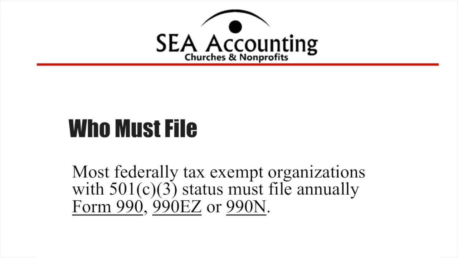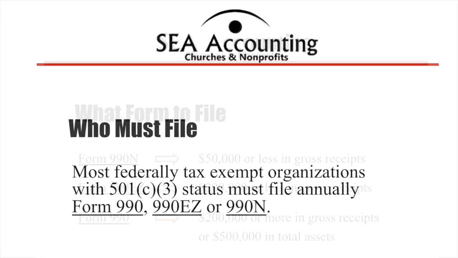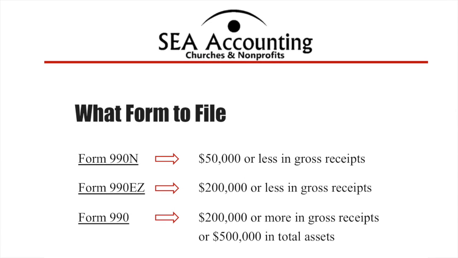to file? Well, if you brought in $50,000 or less in gross receipts, you are required to file Form 990-N. These are for organizations that have brought in $50,000 or less in gross receipts.